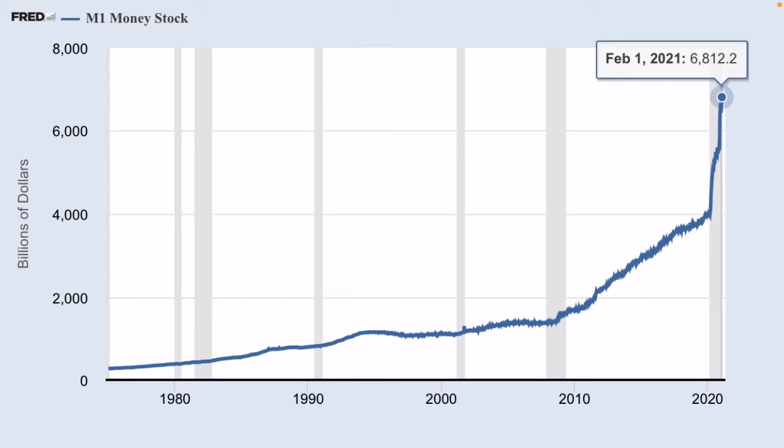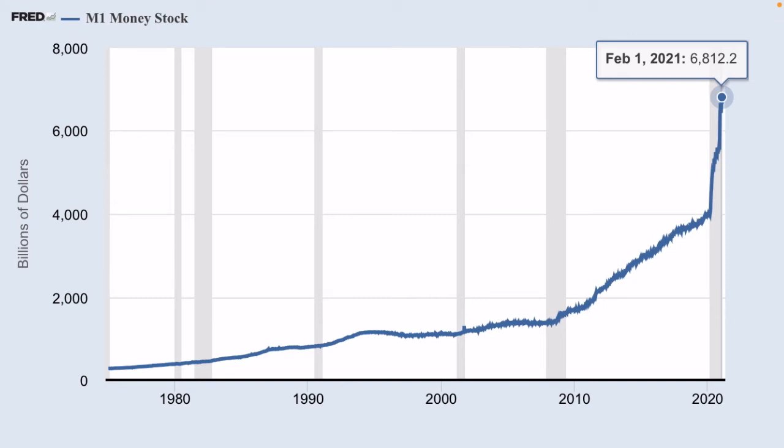And in 1 year, we added more than that 8-year period previously. So that's kind of scary to think about how out of hand this is getting, as far as the amount of money that we're putting into the system.